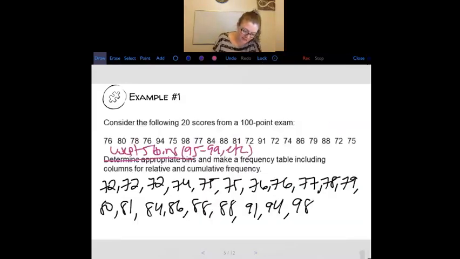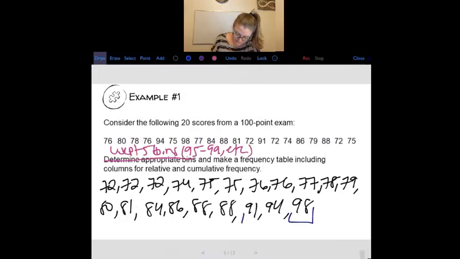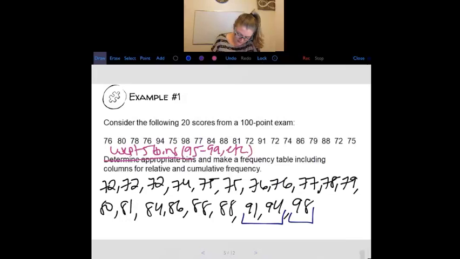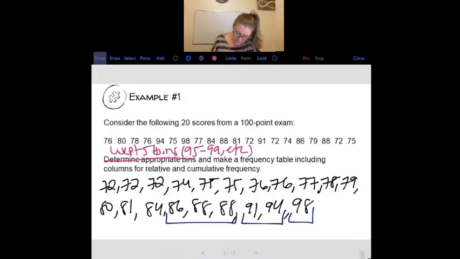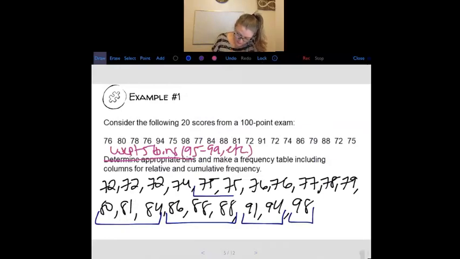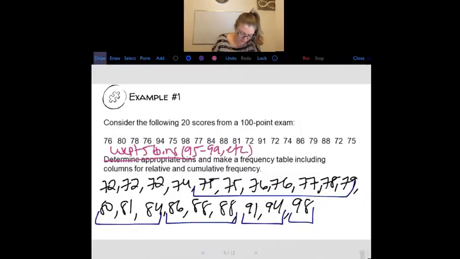So 95 to 99, there's only 1. 90 to 94, there's 2. 85 to 89, there's 3. 80 to 84, we have 3 again. 75 to 79, this is a big one. 1, 2, 3, 4, 5, 6, 7. And then 70 to 74 would be 4.